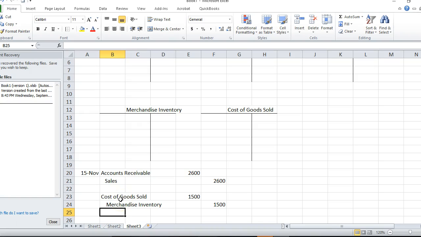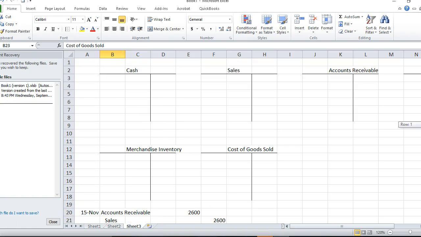But our cost, our merchandise inventory, is what we paid for them. So we have two transactions when we sell goods. We have to show the accounts receivable or the cash and the sales, but we also at the same time have to show the merchandise inventory going down and the cost of goods sold going up. Okay, so that is the journal entry.